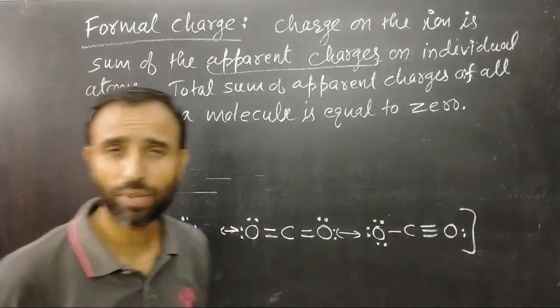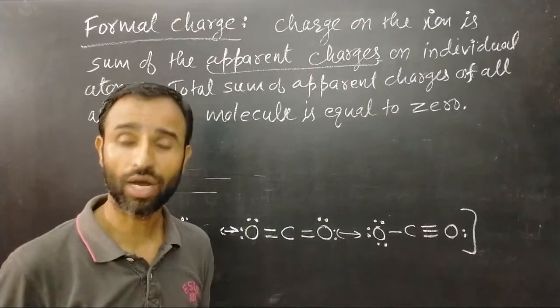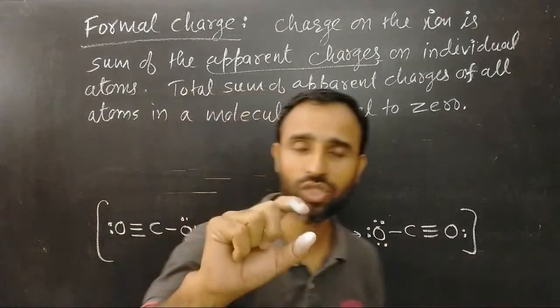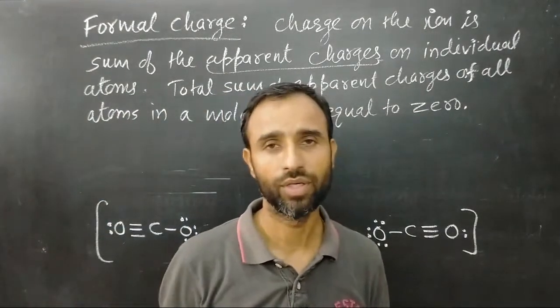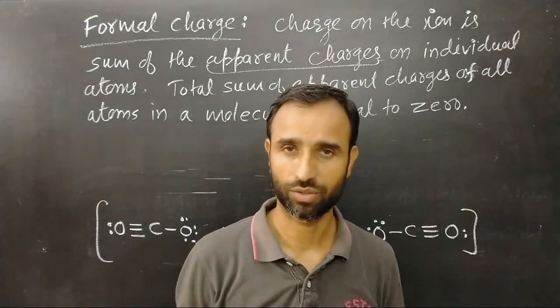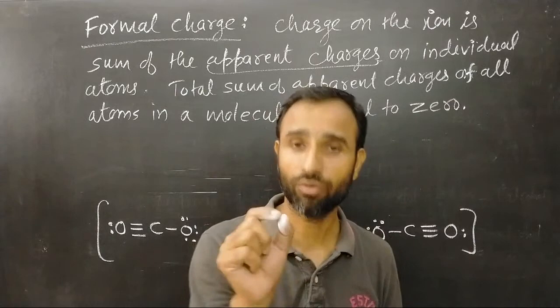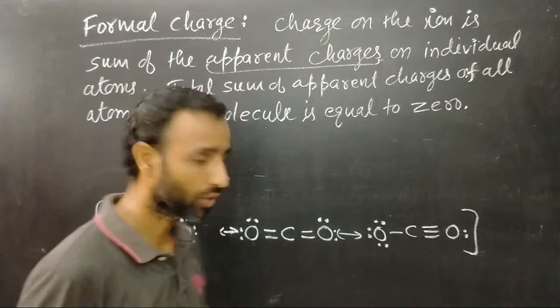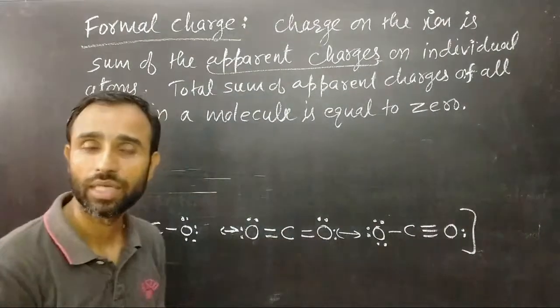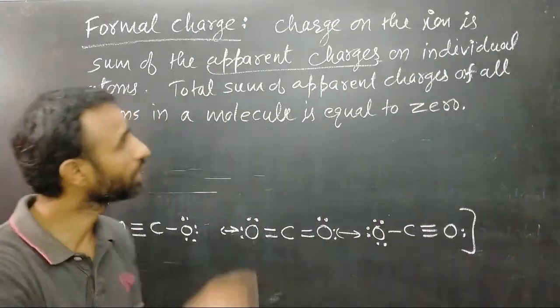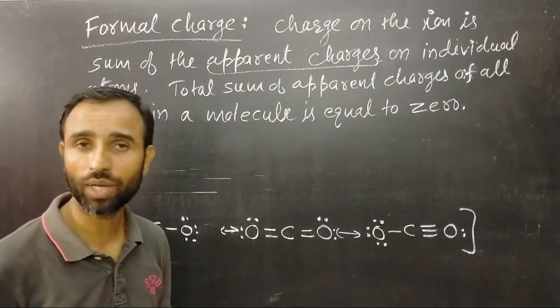So this is the funda behind the total charge. Now if we assign charge on each atom, that is called formal charge. It is not actual charge on the atom, but if we assign the charge on the basis of electrons, that is called formal charge.